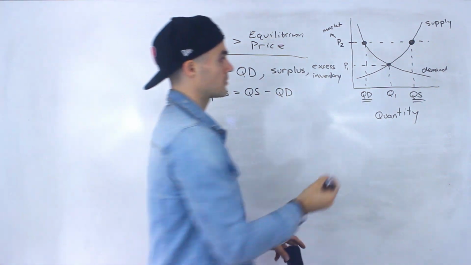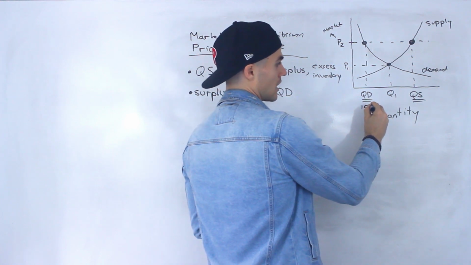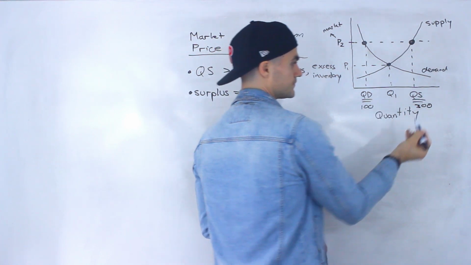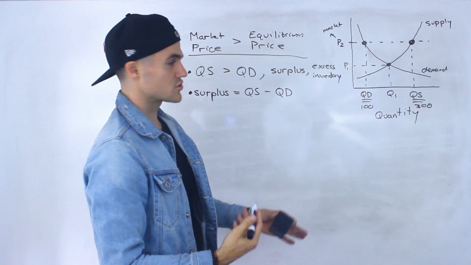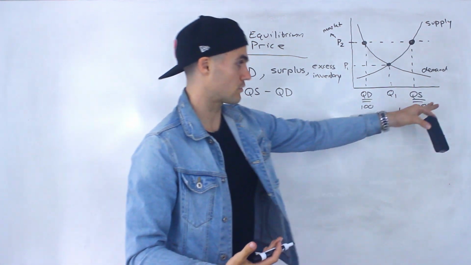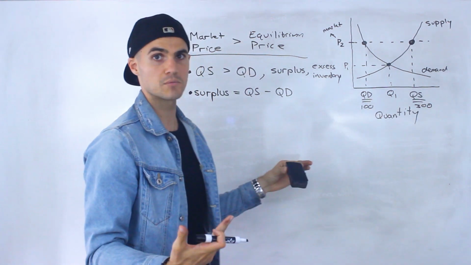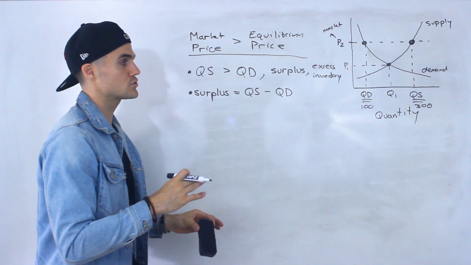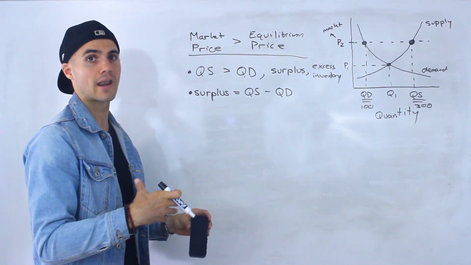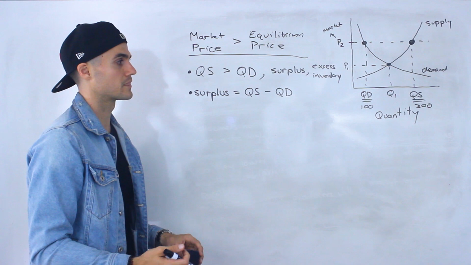If we put actual numbers here, let's say the quantity demanded is 100 and this is like 300. The surplus in this case is 300 minus 100, so it's 200 units. The producer is going to have 200 extra units on hand that they haven't sold.